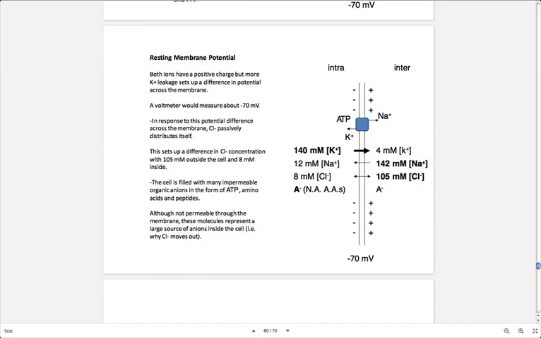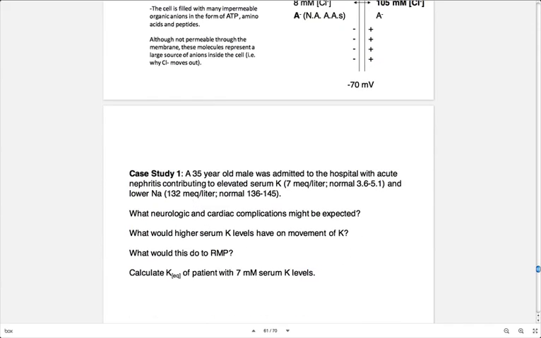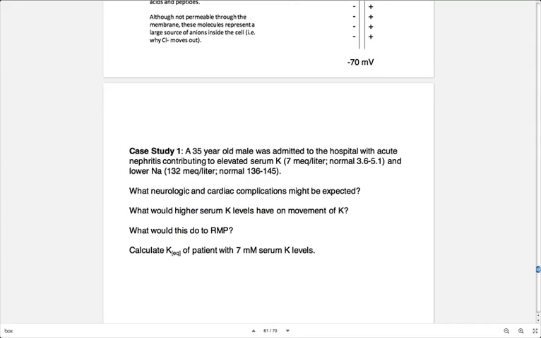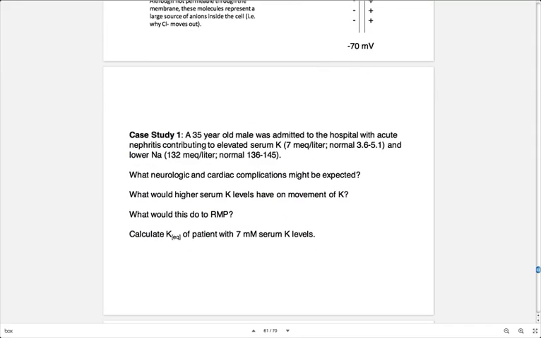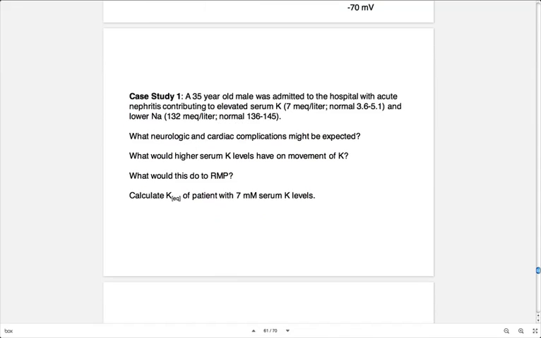So we have our 2 case studies. We have our patient who had elevated serum potassium because of nephritis. So what neurological and cardiac complications might be expected? Where would you expect resting membrane potential to be?